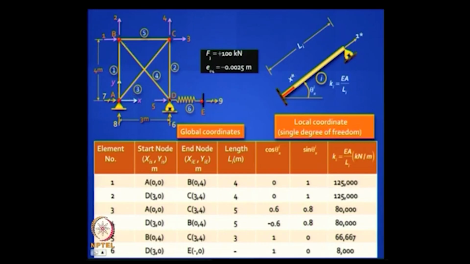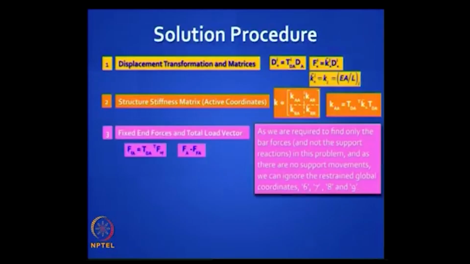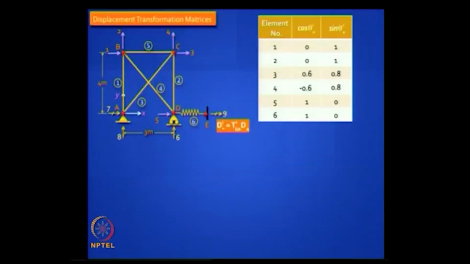Element 2 from D to C, element 3 from A to C, element 4 from D to B, element 5 from B to C, and element 6 from D to E. Is it clear? Because if you reverse, then theta changes. Do you understand?